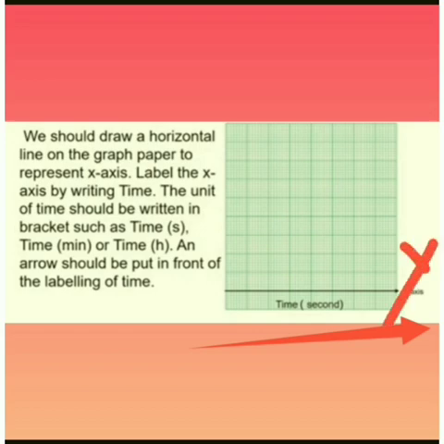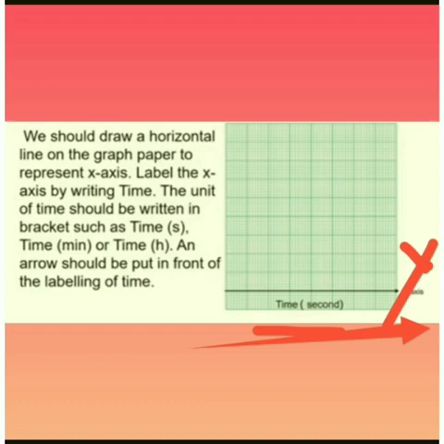Then label the x-axis by writing time. The unit of time should be written in brackets, such as s, min, or h. An arrow should be put in front of the labeling of time.